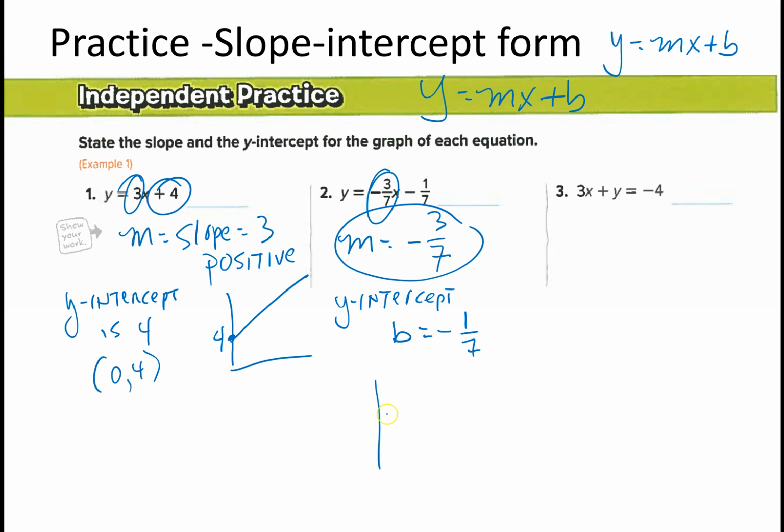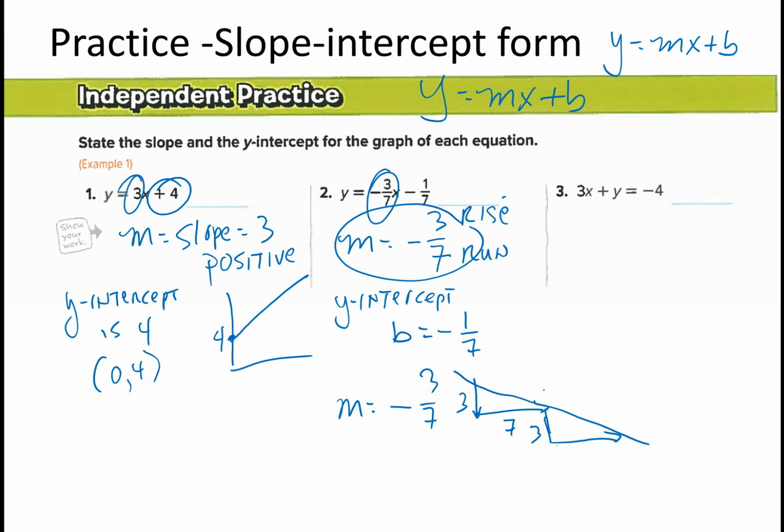What that means is my rise is negative and my run is positive. So a slope of negative 3 over 7 means I go down 3 and I go over 7. Down 3, over 7. So it'll look something like that.